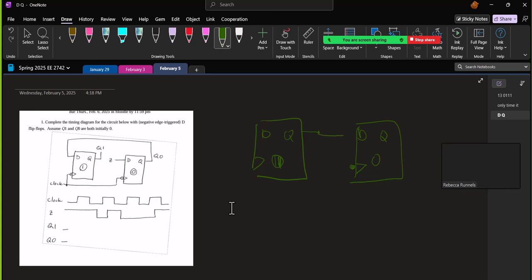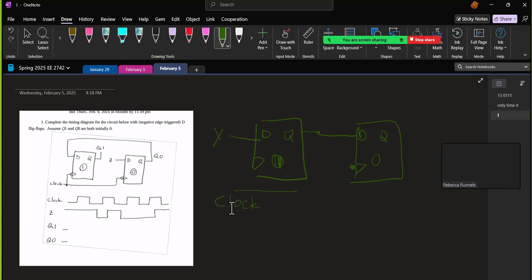Because it has the second one first. So you can choose the first, last one. You would do Q0 first and then you'll go to your Q1. Yeah, because you don't have an input until you find out the outputs from Q0.